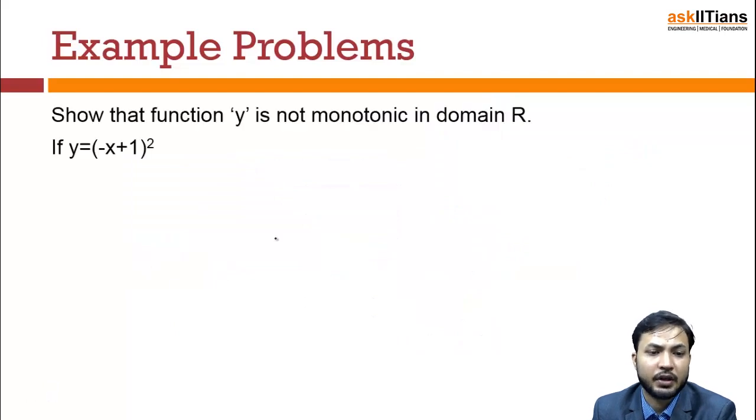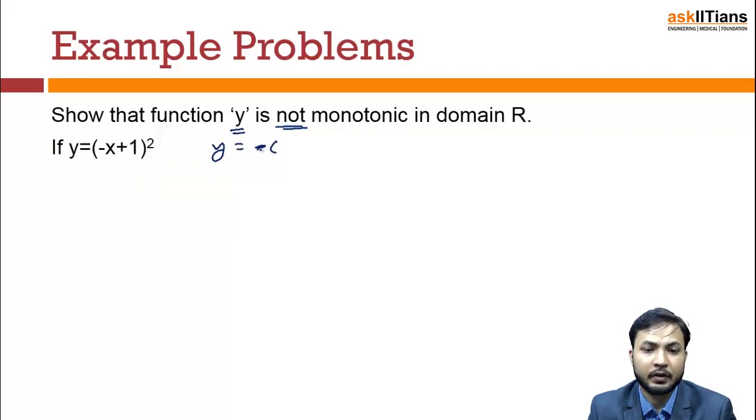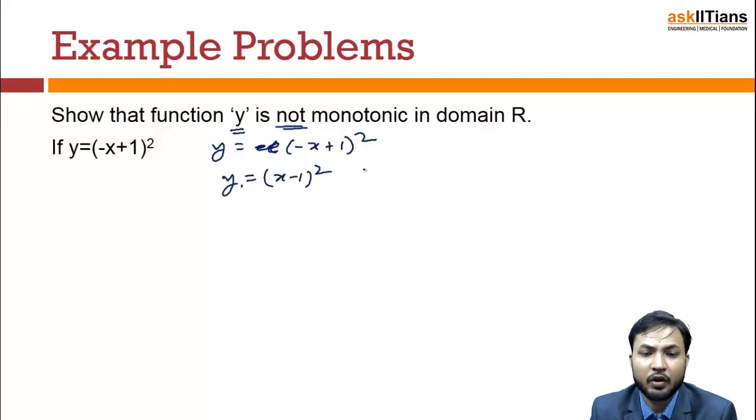In the next question here, you need to show whether the function y is monotonic or not. Basically it is given that you need to show that it is not a monotonic function. Now I have y equals to minus x plus 1 whole square. I can also write this as x minus 1 whole square. Now for this, what will be my domain?